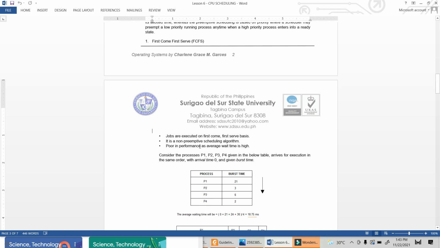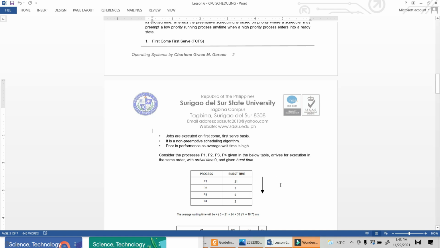It is a non-preemptive scheduling algorithm, and mostly poor in performance as average wait time is high. So again, in the first come first serve scheduling algorithm, the first process which comes first in the ready queue will be the one to get the CPU, or may unahon of process or schedule sa CPU.